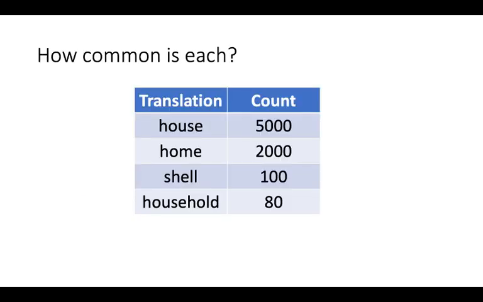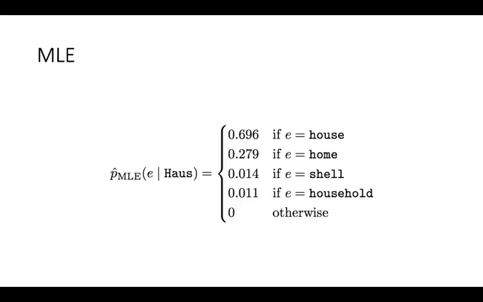So this is what I have introduced here. By counting the number of times that house, home, and shell appear in the training corpus, and then dividing by the total number of all these words, we can estimate the probability P of E given Haus, with E equal to house. What's the probability of that?